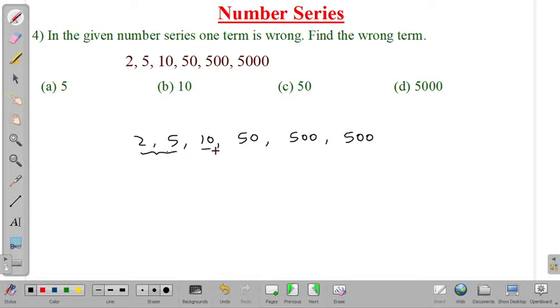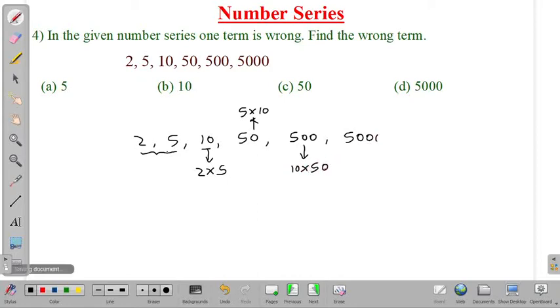The product of 2 and 5 is 10. So this is 2 into 5, right? For 50, it is 10 into 5. Again the term 500 is the product of 10 and 50. So 10 into 50, we are getting 500.